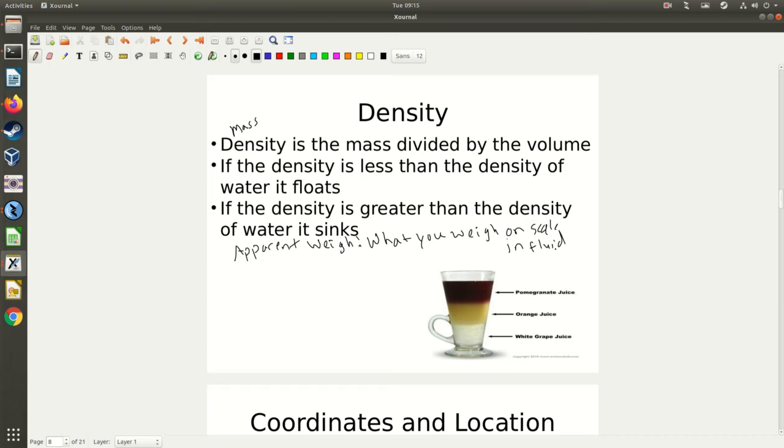So air is a fluid, and it has a very, very small density, so your apparent weight is highest there. Your apparent weight would be highest in pomegranate juice, and lowest in white grape juice.